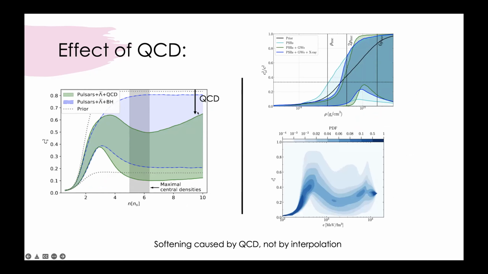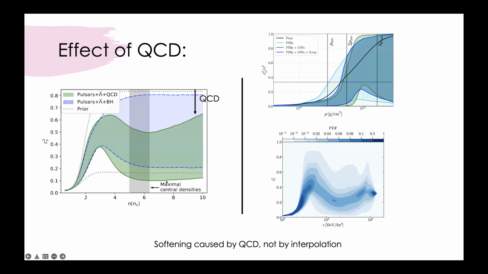There is no constraining power at high densities in either of these cases, but when QCD is imposed, you see this peak structure forming, which then at higher densities ends up at lower speeds of sound.